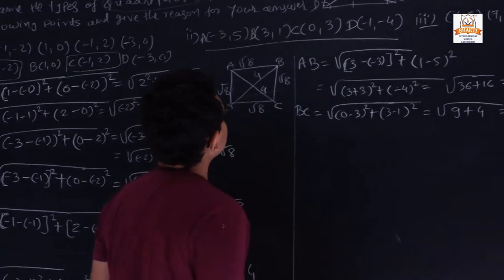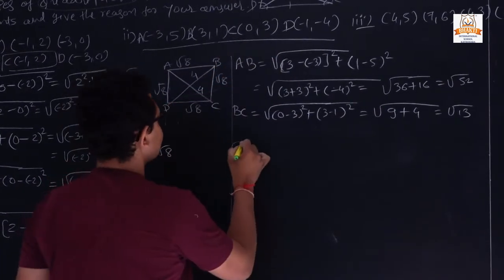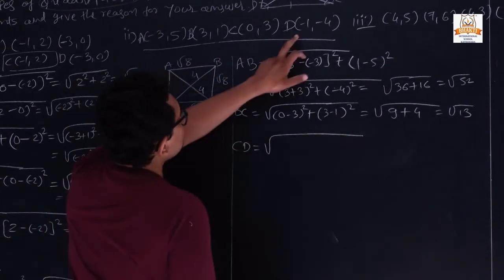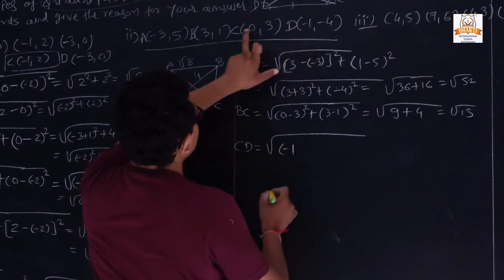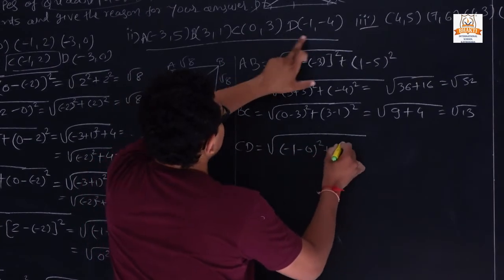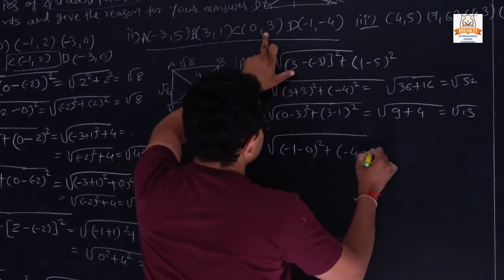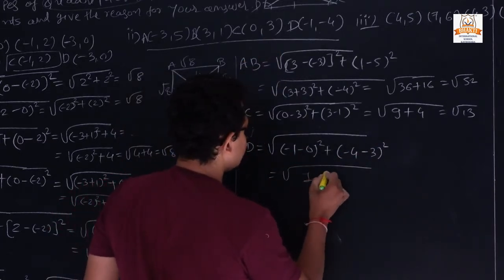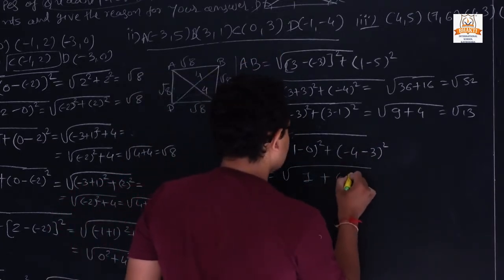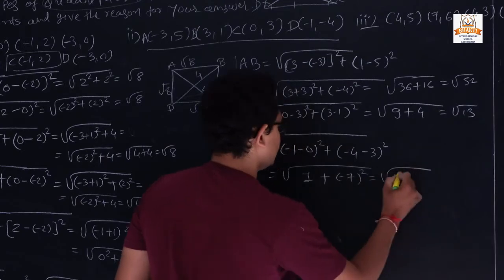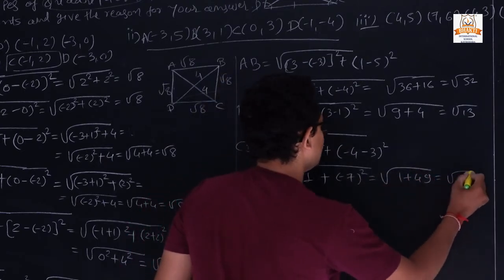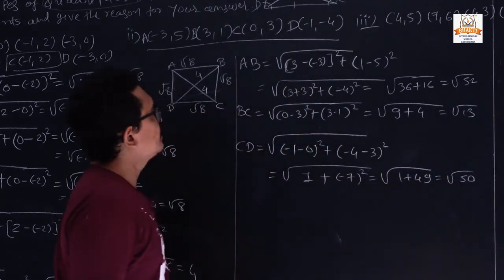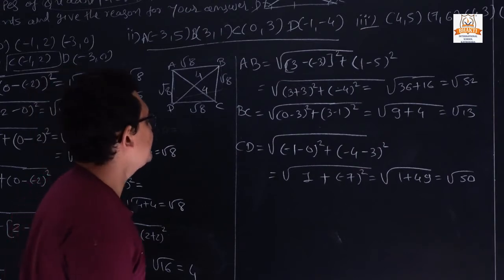Now next CD, so minus 1 x2 minus x1, y2 minus y1. So minus 1 square it is plus 1, minus 7 all square, so 1 plus 49, so it will be root 50. Clear? It is root 50.